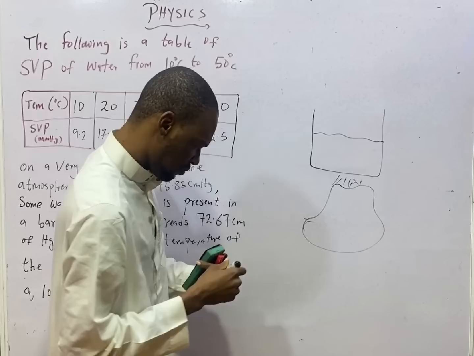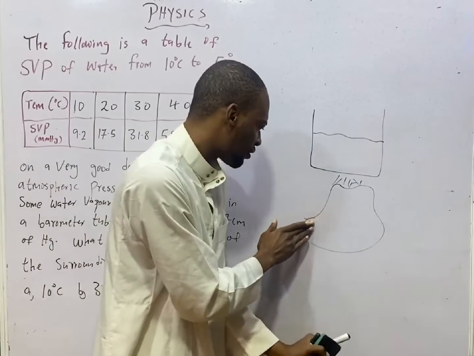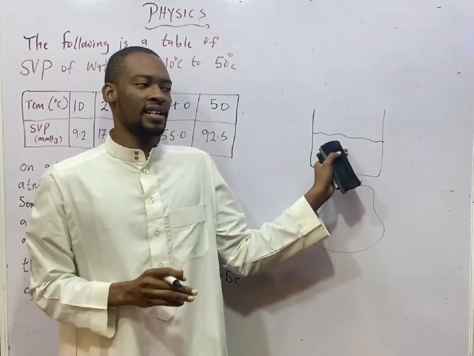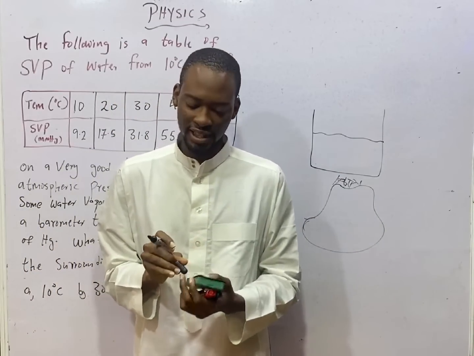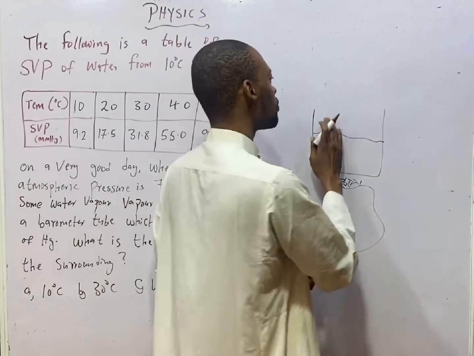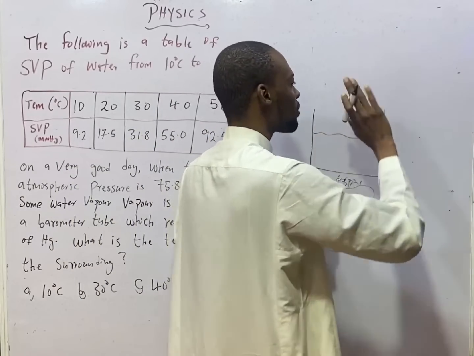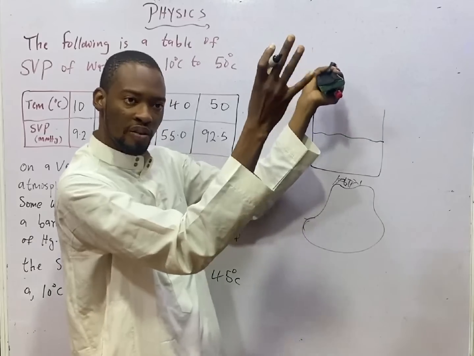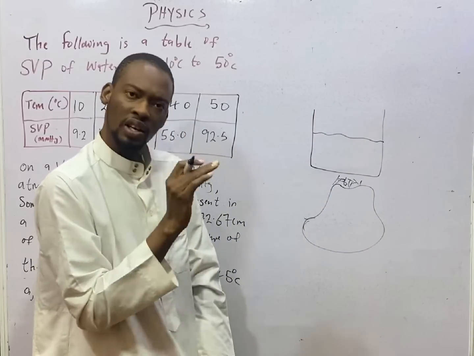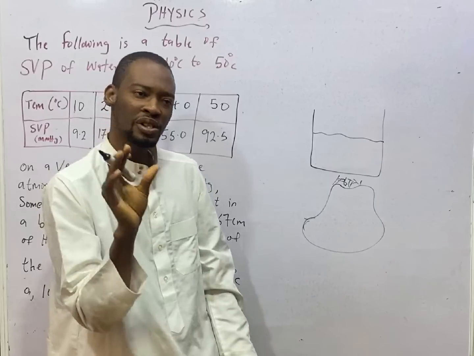Look at this. If this water continues to get heated, when it gets to 100 degrees Celsius, it begins to evaporate. It escapes and it evaporates into the atmosphere or into the air. Now imagine a closed system.